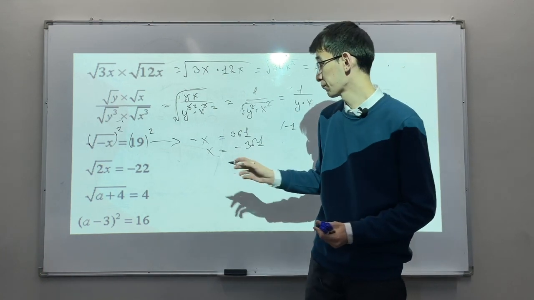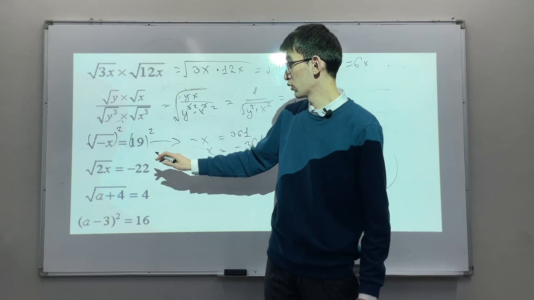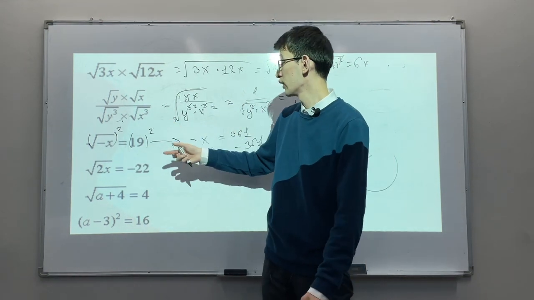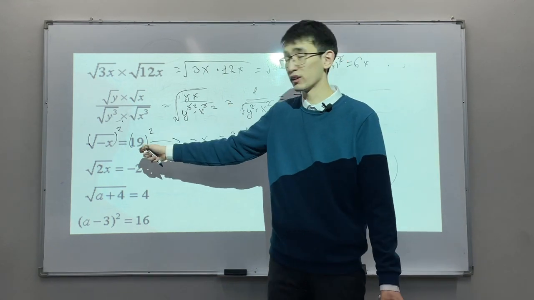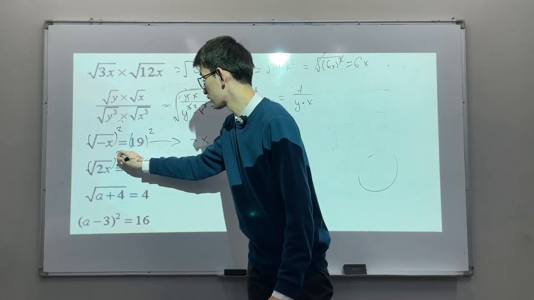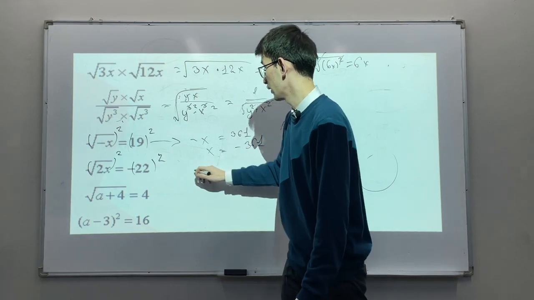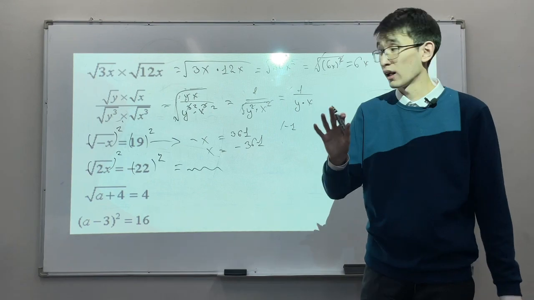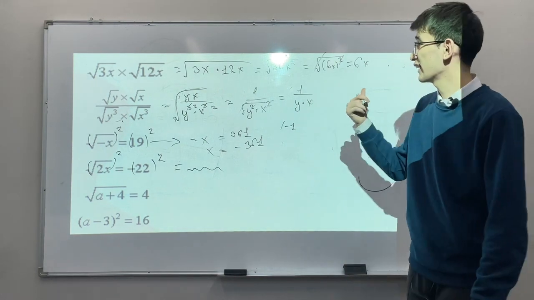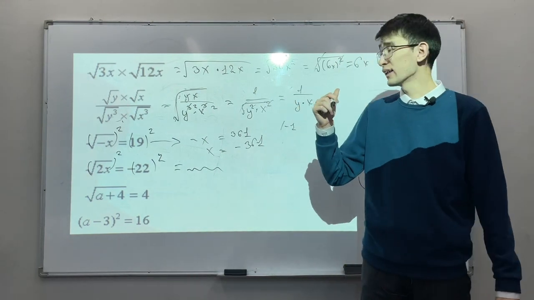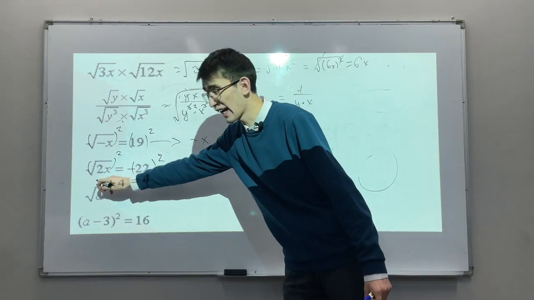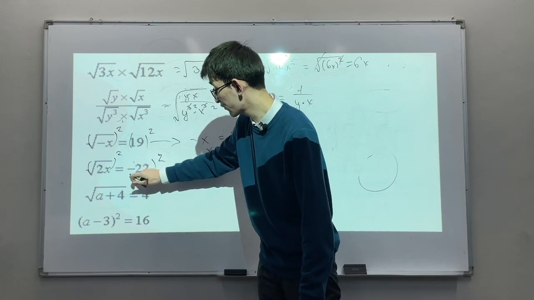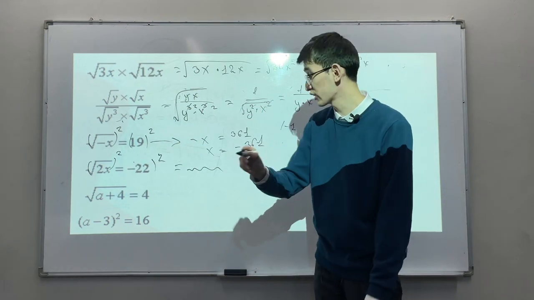Next example, as we used squaring a number in the previous example, we square it and get some numbers. But I explained in the rule that we can never get a negative number from a square root. That's why this equation is undefined.